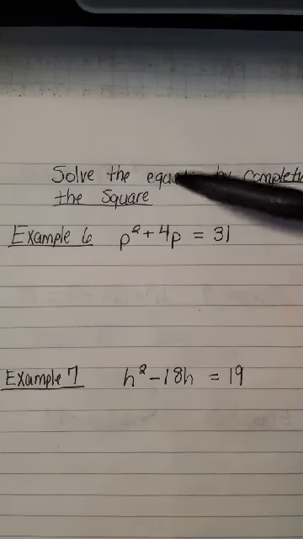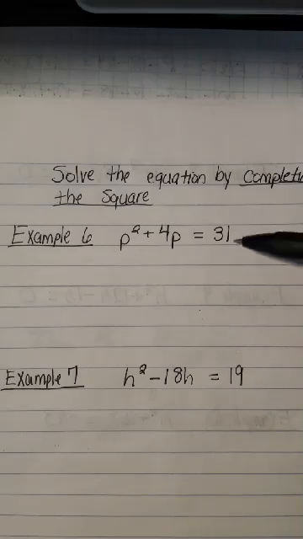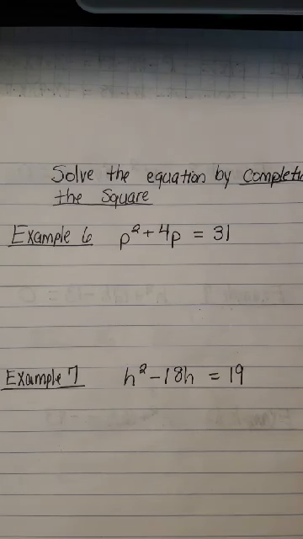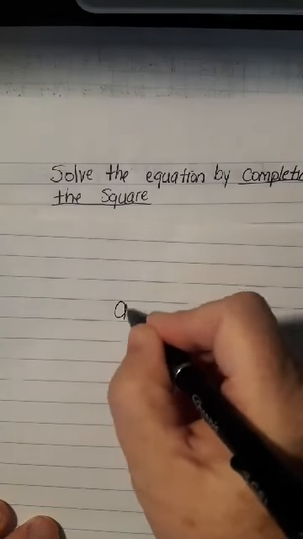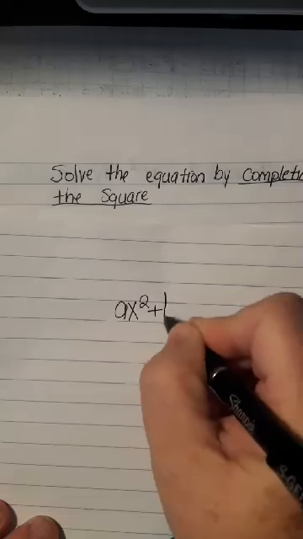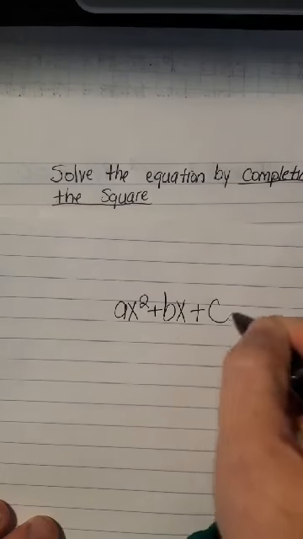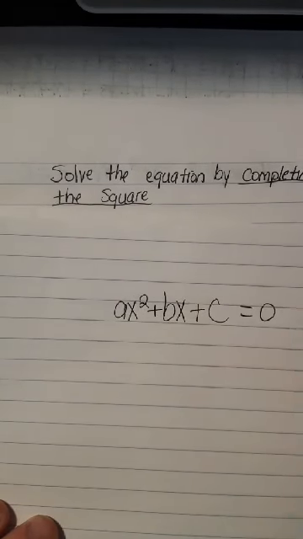Whenever you're solving by completing the square, when you have a quadratic equation, we've talked about this before, you have the standard form, which is ax squared plus bx plus c equals 0.